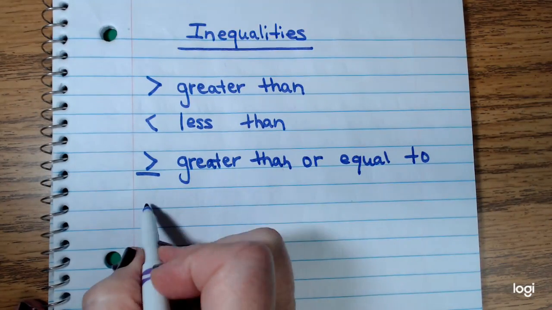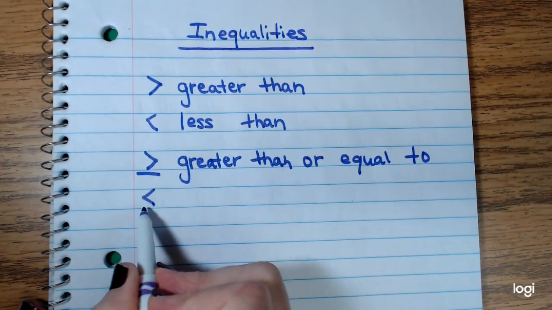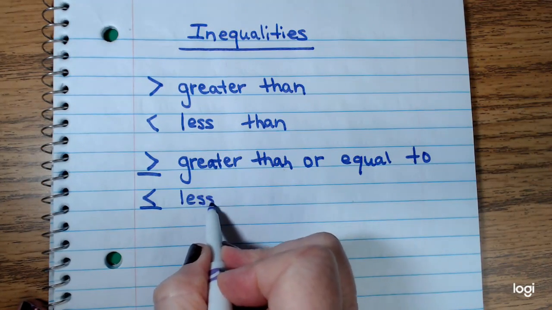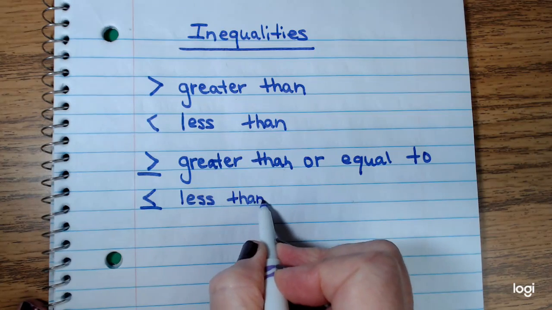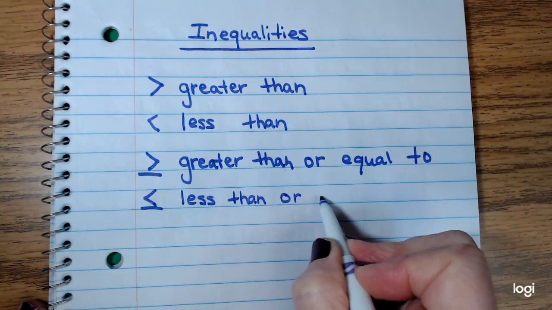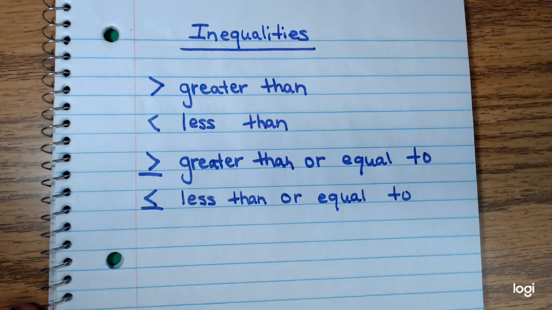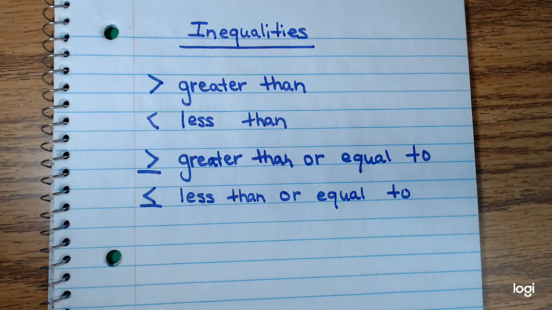And of course the next one's going to be the less than symbol, or equal to. So if you need to pause the video so you can get these terminologies written down, please do so.